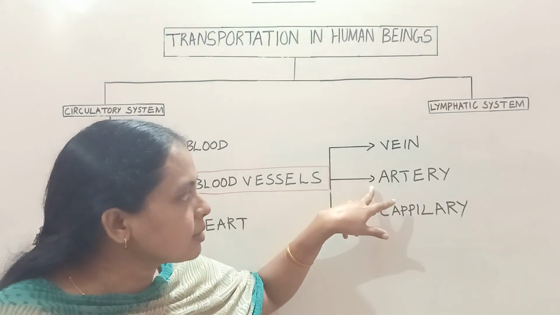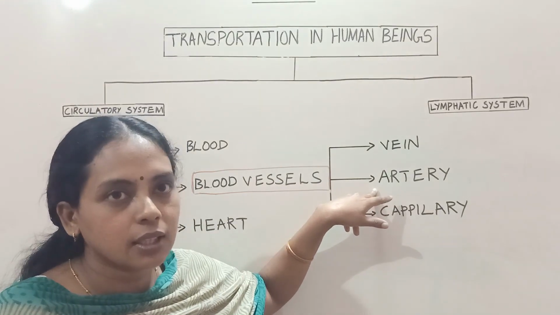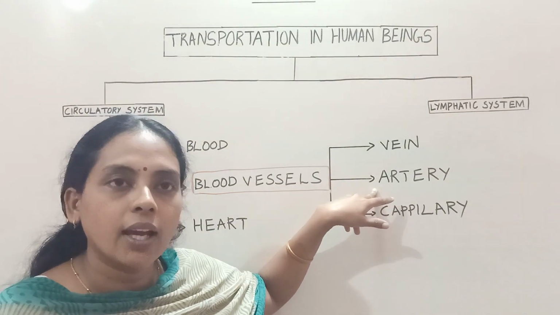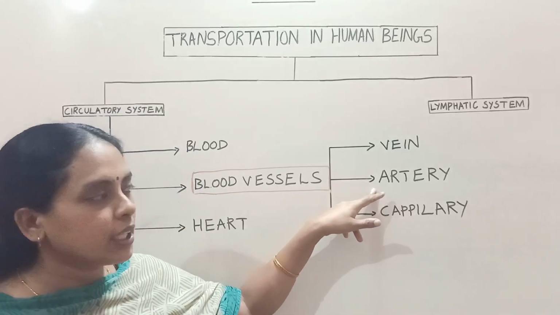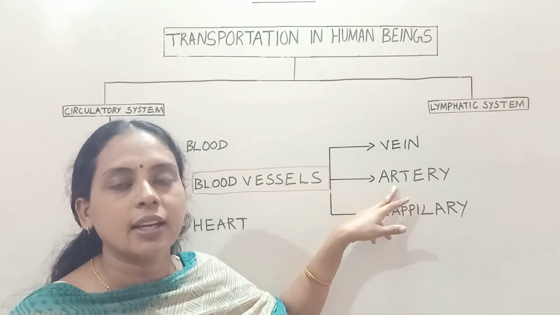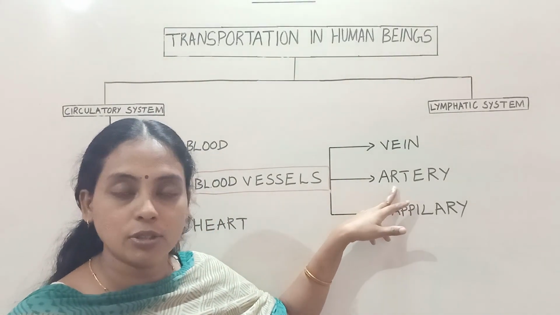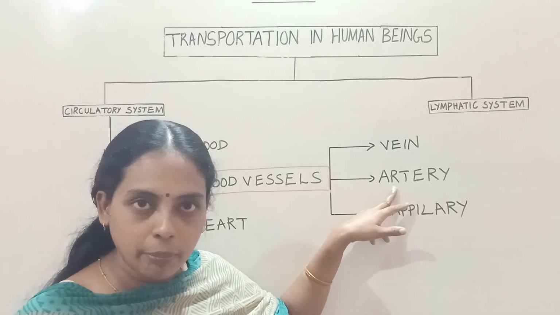The next one is artery. Artery is a thick elastic tube which carries oxygenated blood. Artery collects oxygen-rich blood directly from the heart, and the heart is a pumping organ.